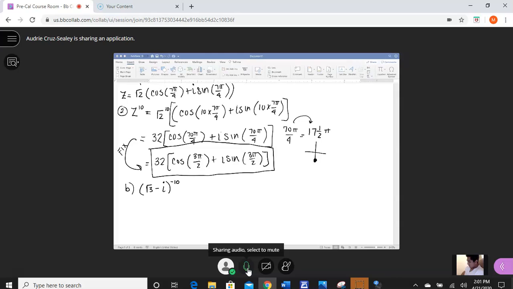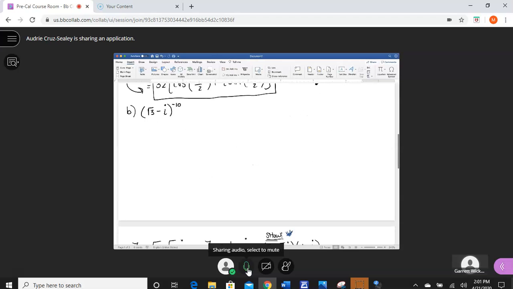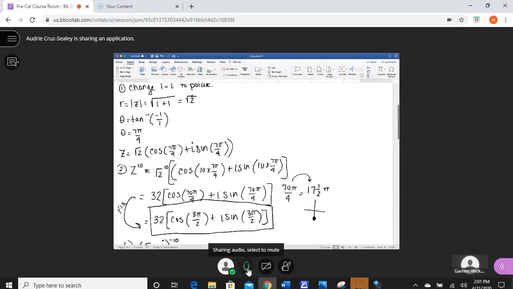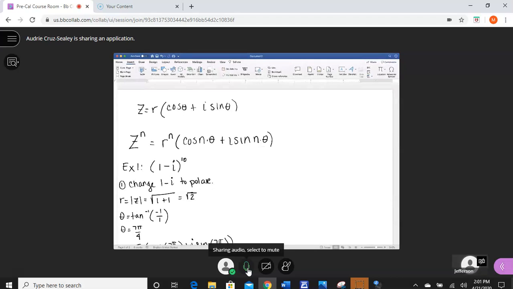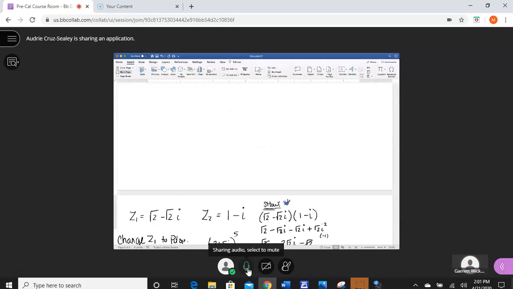You don't take the tangent inverse of 2. You take the tangent inverse of what's in your equation that the problem gives you. Tangent is sine over cosine. Your i is always your sine component, so whatever your i is goes on top. So you'll have negative 1 over the square root of 3.